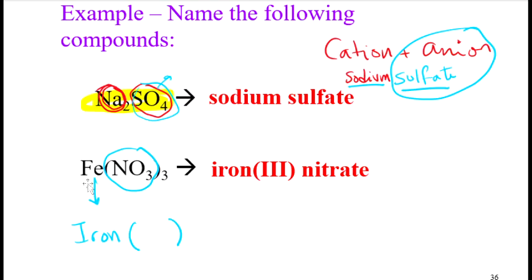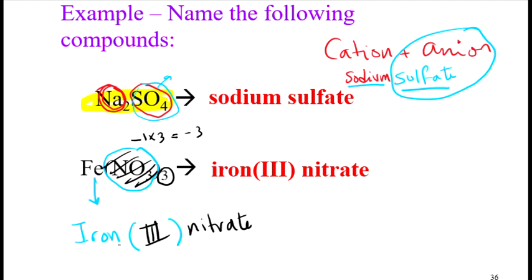So I write nitrate. How to find the charge for this one? NO3 has 1 negative. How many NO3 do we have? 3. So totally 3 negative. So we should have 3 positive.